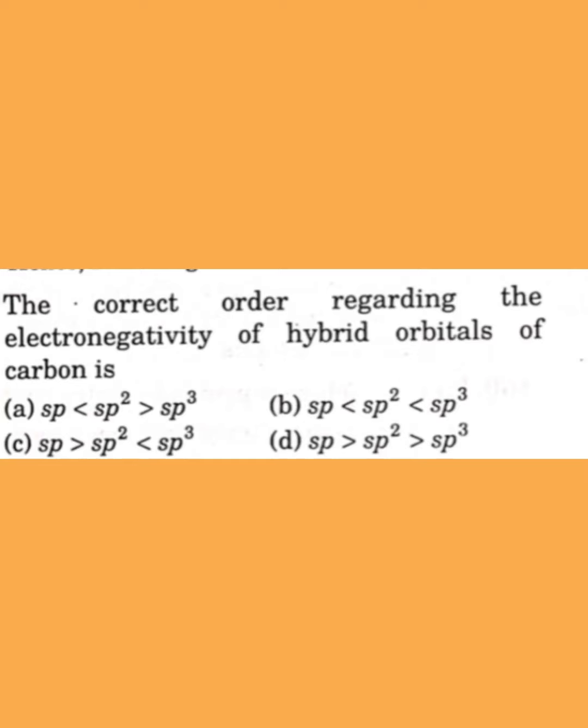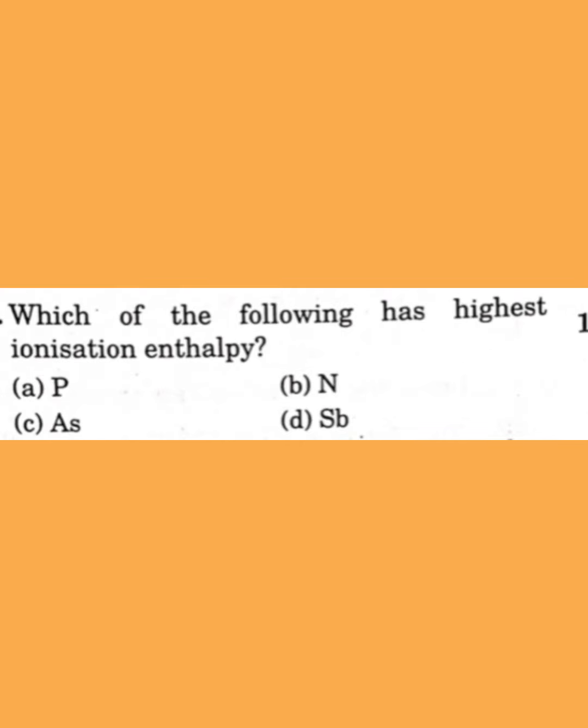In sp hybridization, S character is 50% and in sp2 hybridization, S character is 33.3% and in sp3 hybridization, S character is 25%. As S character increases, electronegativity increases. Therefore, sp have high electronegativity.